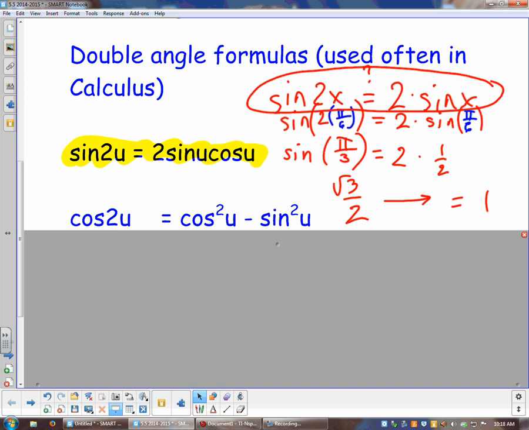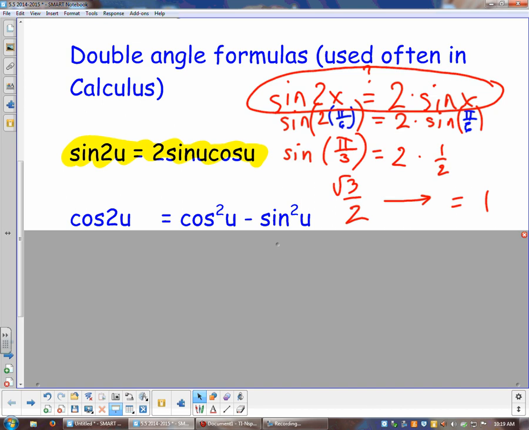The first one is cosine squared minus sine squared, and I think you can see where this one would come from. That's coming from this third property over here. If I made u and v both u's, I would have cosine u, which is cosine squared, minus sine u, which is minus sine squared. You see where that one's coming from?